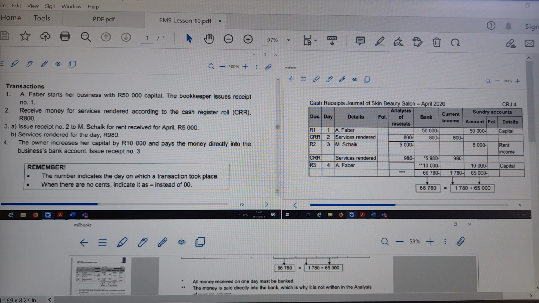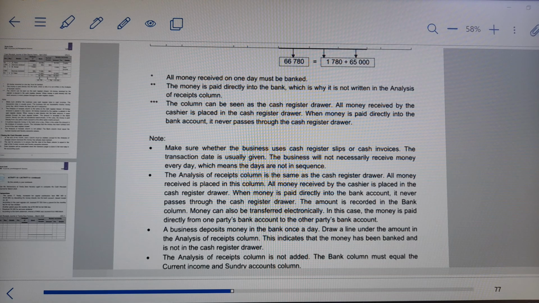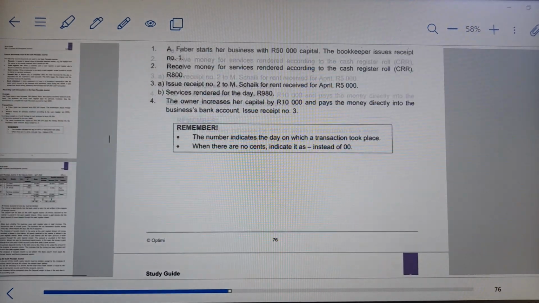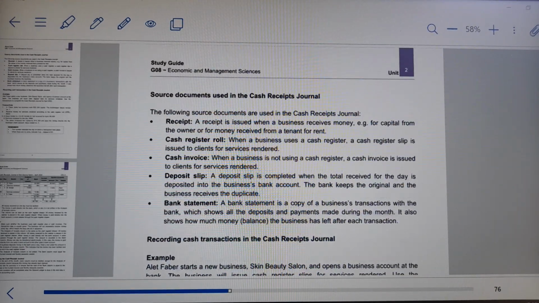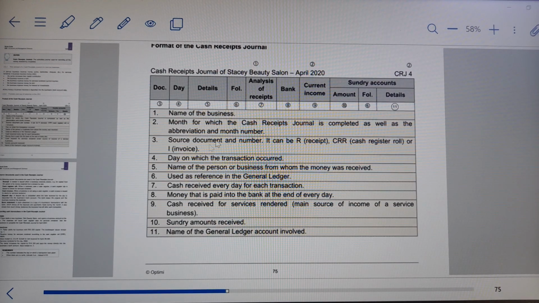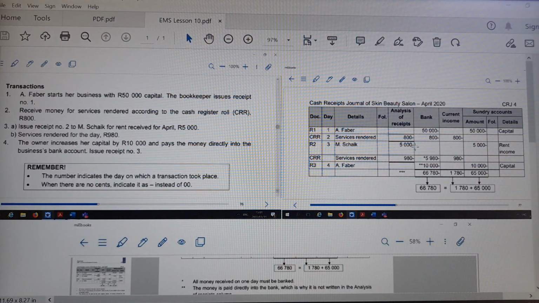We said that. Let me go to the textbook, and we ensure what the analysis of receipt is. I just want to go to that example. Number 7, analysis of receipt is the cash receipt received every day. So yes, here it's the money that we've received, and here is the money that goes to the bank, and here is the current income, if there's any current income.